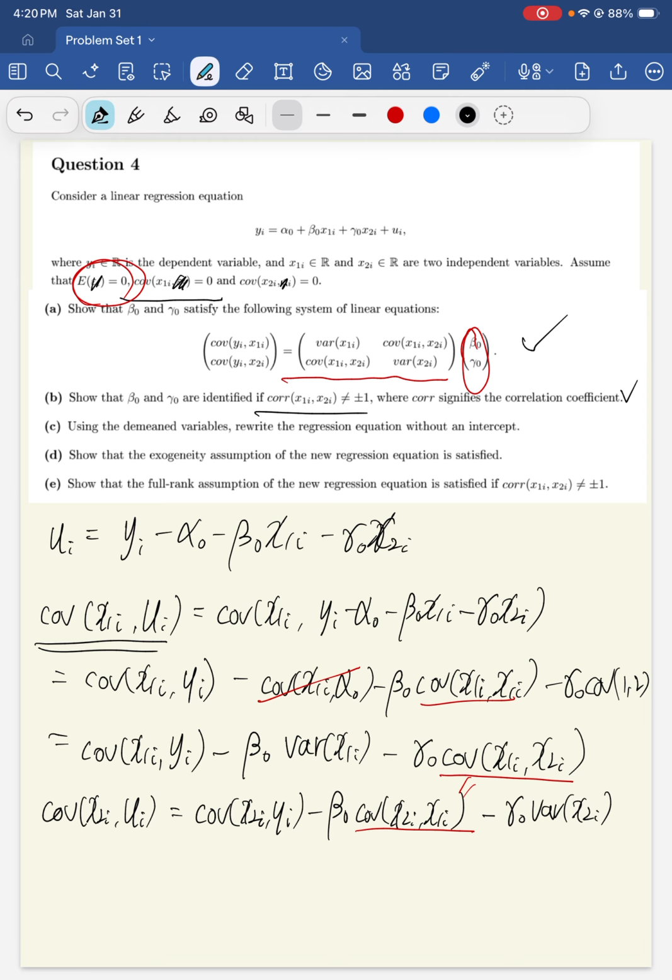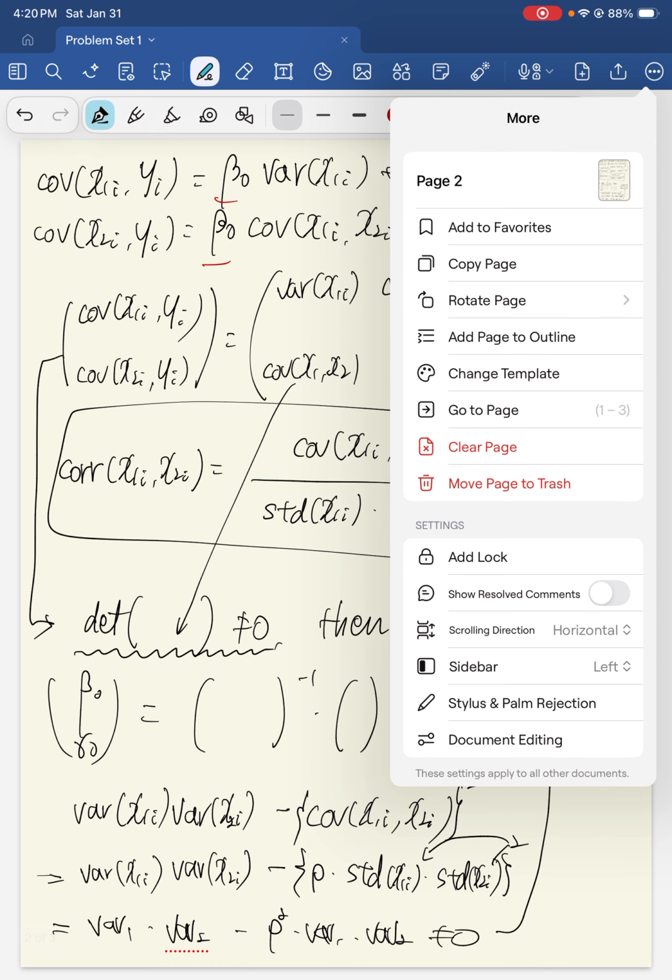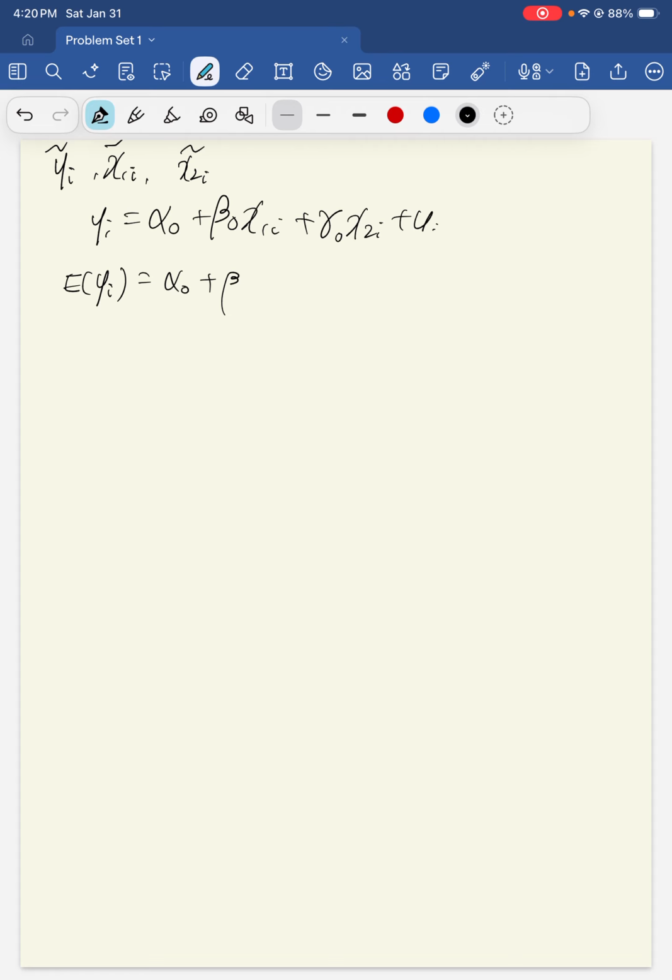Now the demeaned variables, rewrite the equation. Simple. Clear page. The demeaned variables, yi tilde and x1 tilde, x2 tilde. I'll show that. Take the original equation, and if you take expectation of that, you get this.